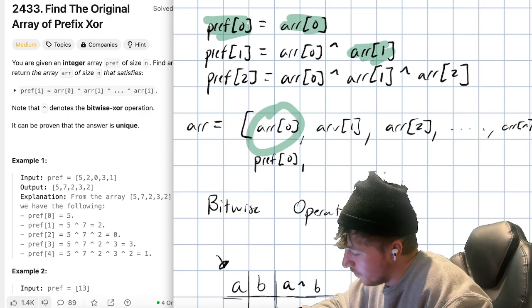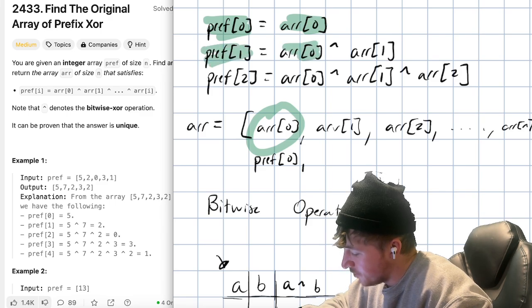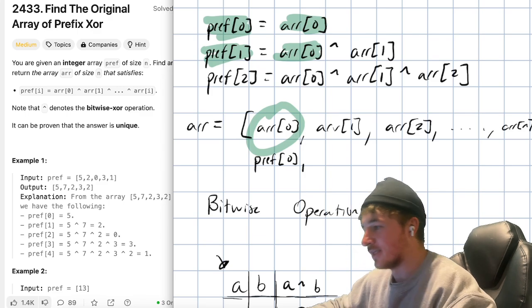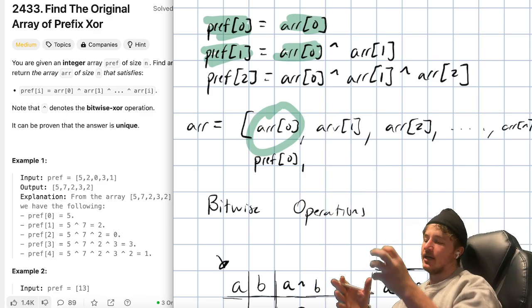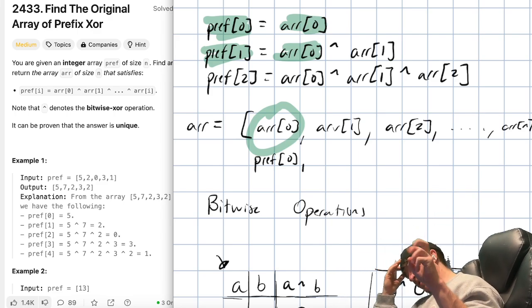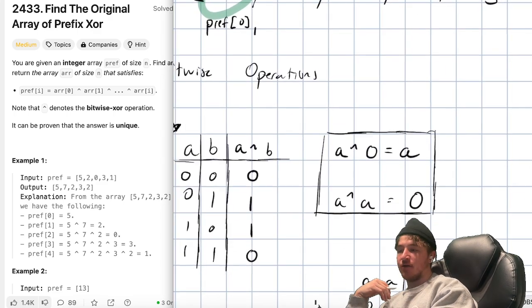All right, so we're looking for array 1, we know array 0, and we know pref 1. But it's kind of like we're stuck here, because how do I isolate array 1? What you basically need to do is bitwise algebra. You can do bitwise algebra because we know some facts about operations.